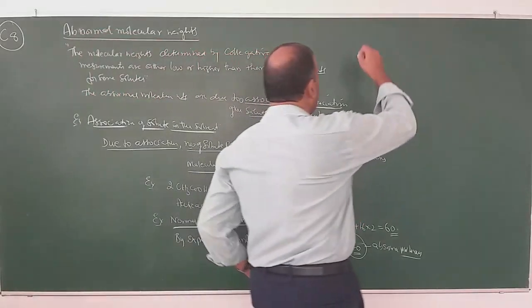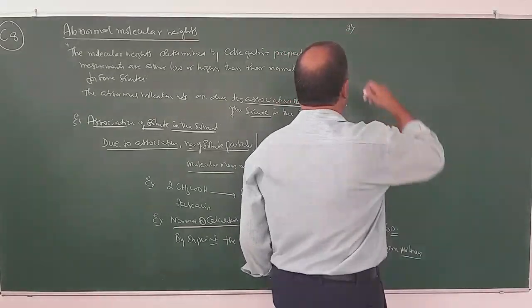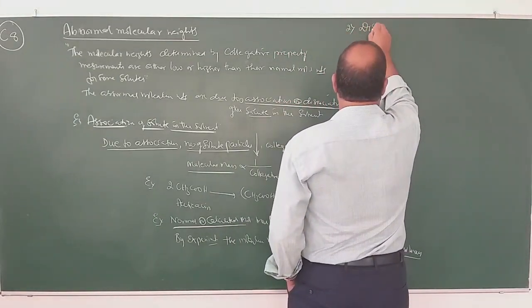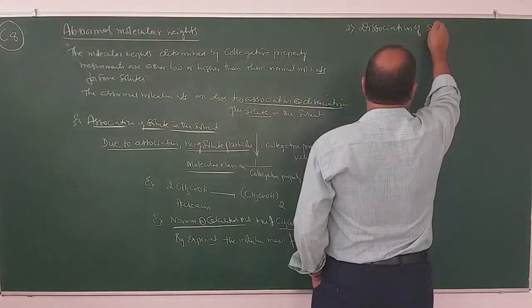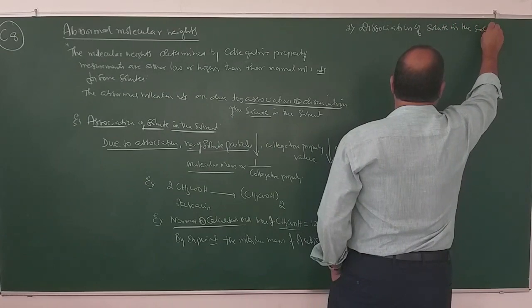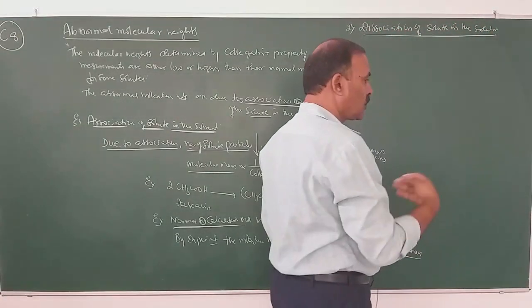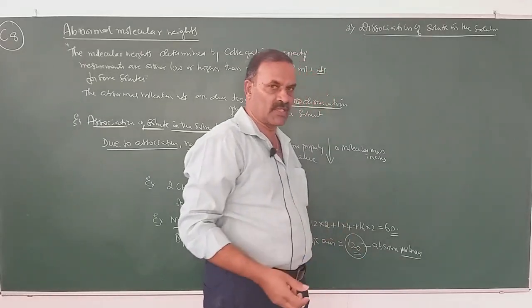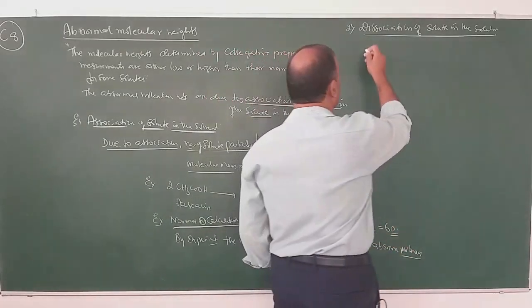So the second reason for abnormal molecular mass is dissociation of solute in the solution. When solutes undergo dissociation or ionization, the number of solute particles increases.